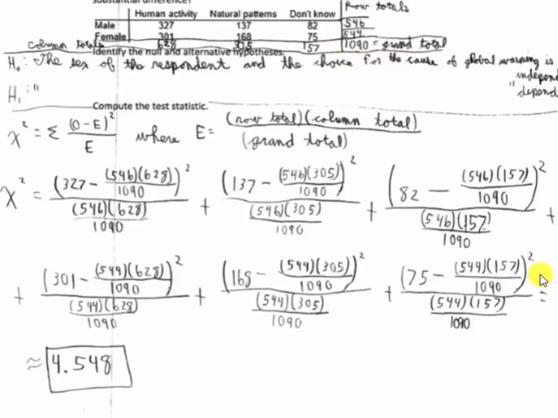And again, square that, divide the entire thing by that expected value. Now do notice these expected values are different, so pay attention to those.